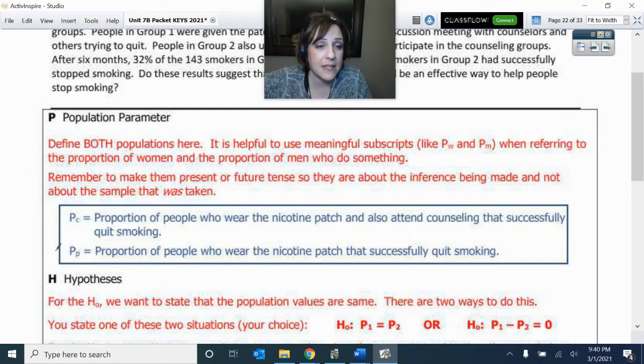All right, and then the P with the little p down here, that's the patch only. So that's the proportion of smokers who wear the nicotine patch that successfully quit smoking. Okay, so again, the difference between those is the counseling or not counseling.